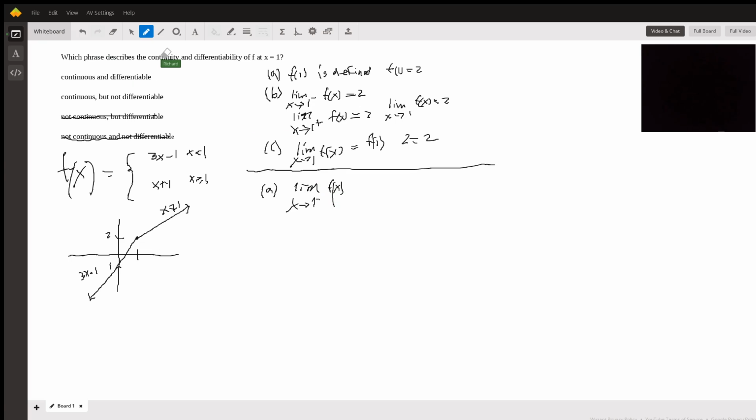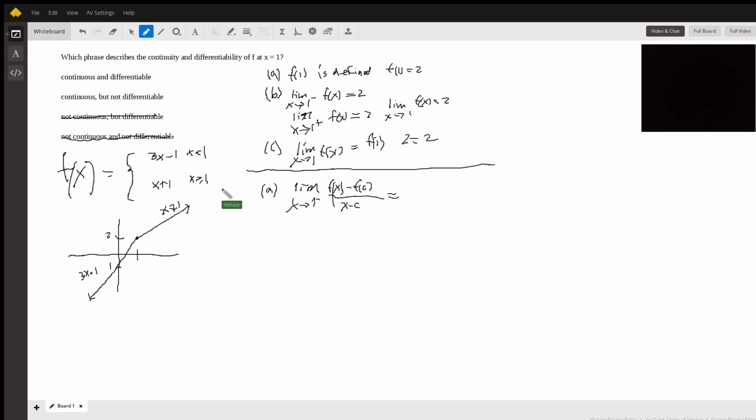You can recognize this right away as the definition of the slope of the tangent line at a point: f of x minus f of c over x minus c. You've seen this difference quotient, as it's called, over and over in school.